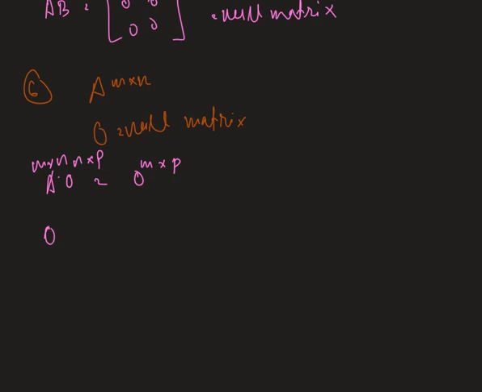And if we multiply OA, then we also get O, but the order is different here. Sorry, the order of O is p cross m. Therefore, we get p cross m. That is, the product of a matrix with a null matrix is always a null matrix.